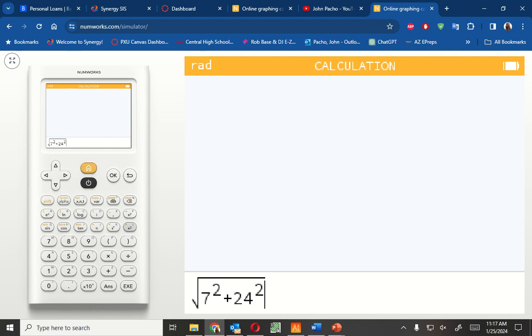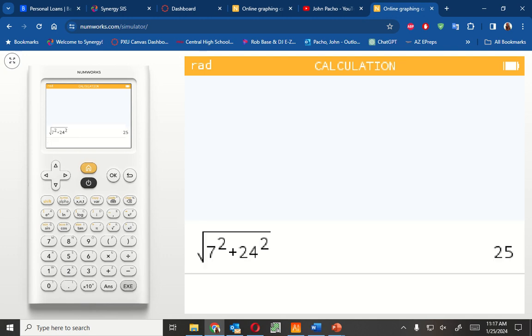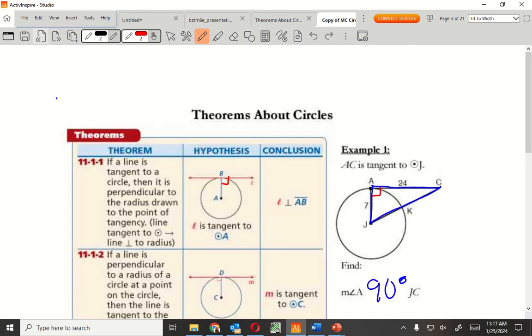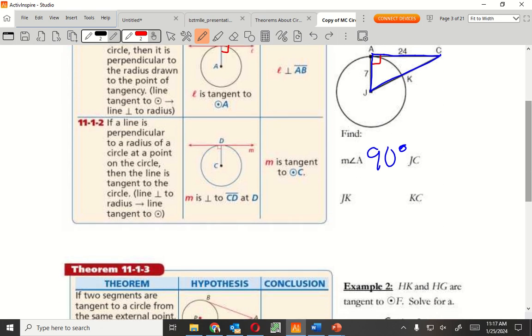Hit enter. Bam. So what's my answer? 25. So, my measure from point J to C, in this case, is going to be 25.